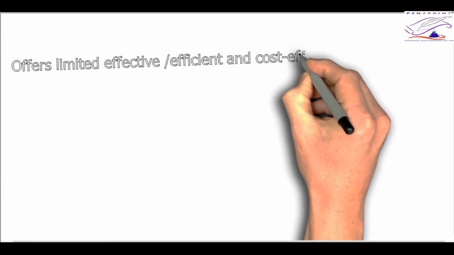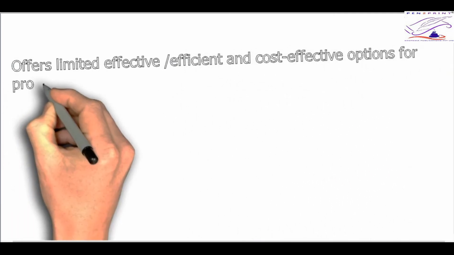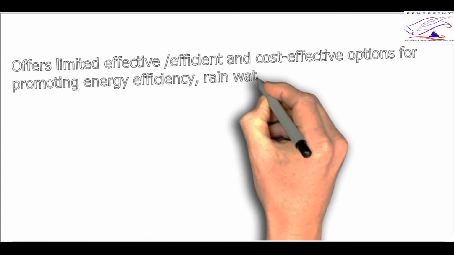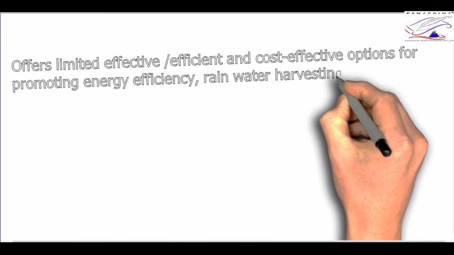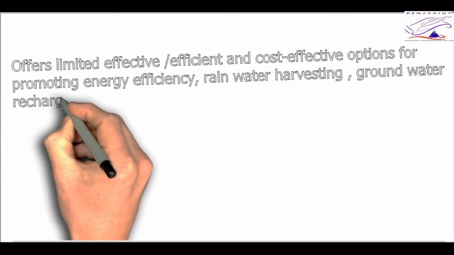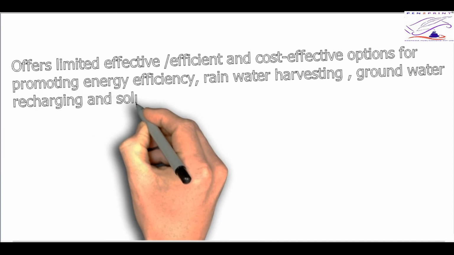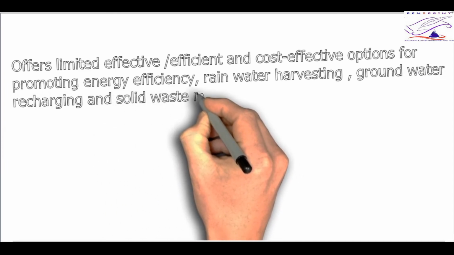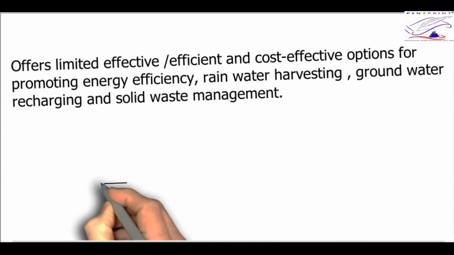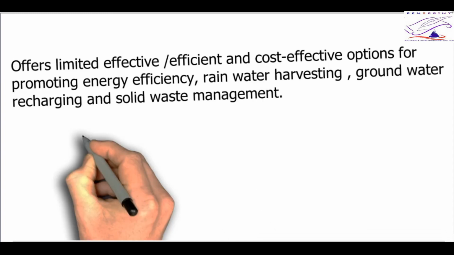This offers limited effective, efficient, or cost-effective options for promoting energy efficiency, rainwater harvesting, or groundwater harvesting. This is more feasible when we plan as a community, in community planning. But in individual plotted level development, this is not available, and most often this is not done in a proper manner.